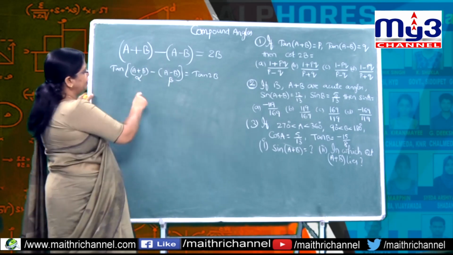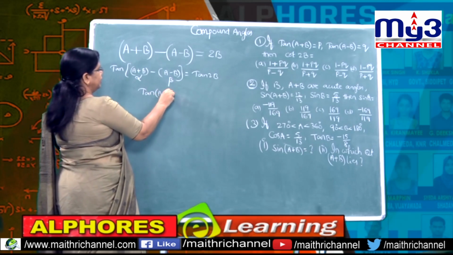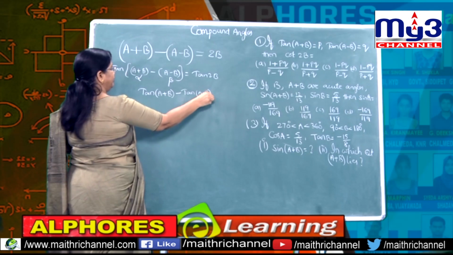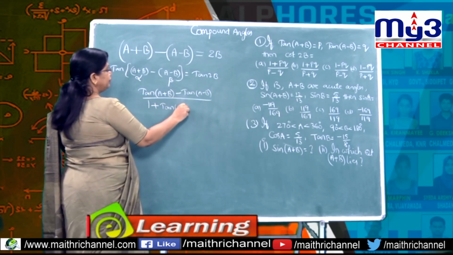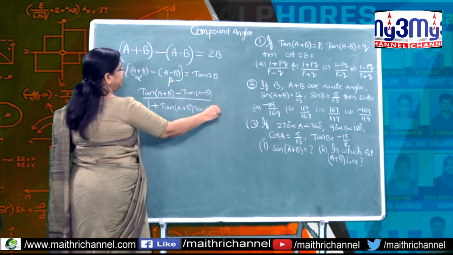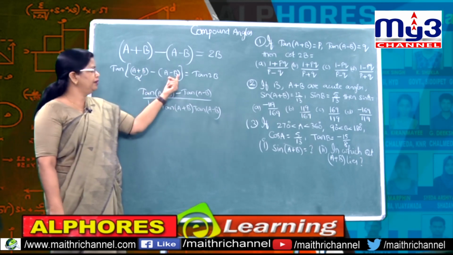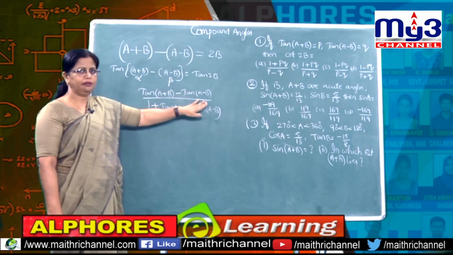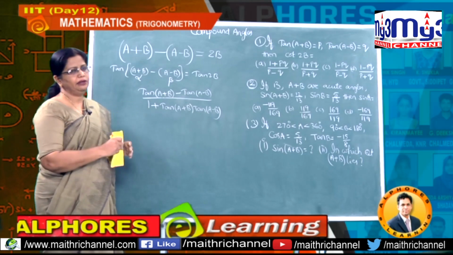Got it? Now we write tan(A plus B) minus tan(A minus B), divided by 1 plus tan(A plus B) into tan(A minus B). We got this by taking A plus B as alpha, A minus B as beta: tan alpha minus tan beta divided by 1 plus tan alpha tan beta.